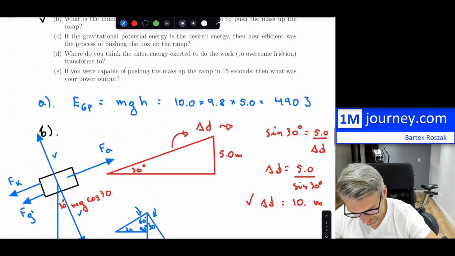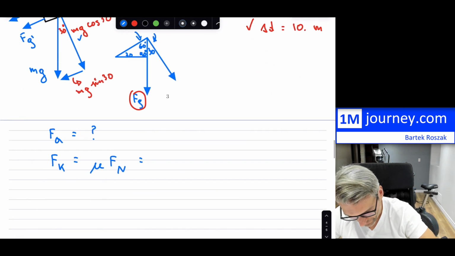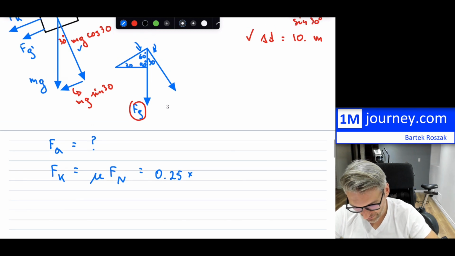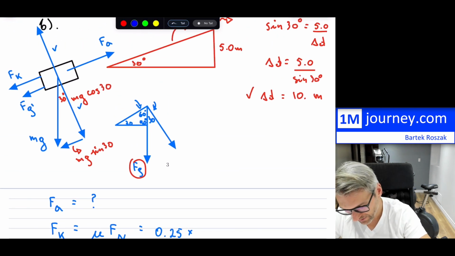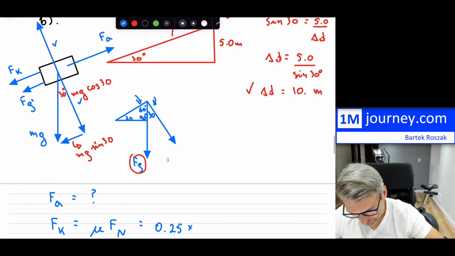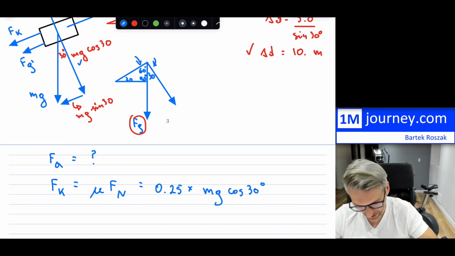So now notice we have 0.25 multiplied by my normal force. That's going to be equating this because this box is not falling down, so these two are equivalent to each other. So that's going to be mass times gravity times cos 30. So I can obtain exactly what this is, and I'm going to leave it for the moment.